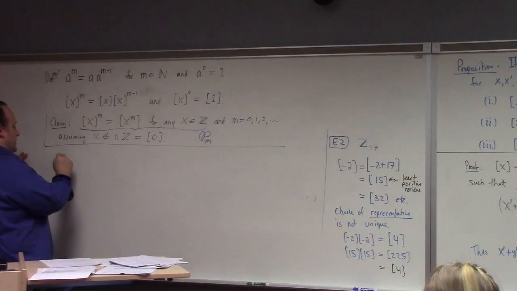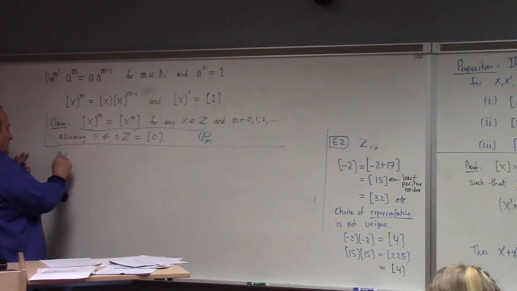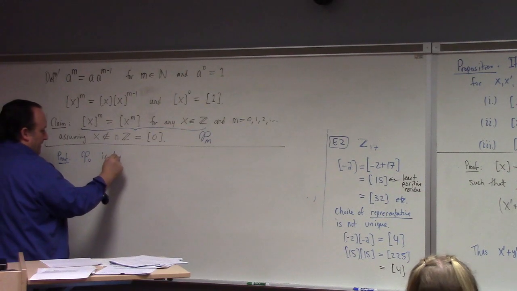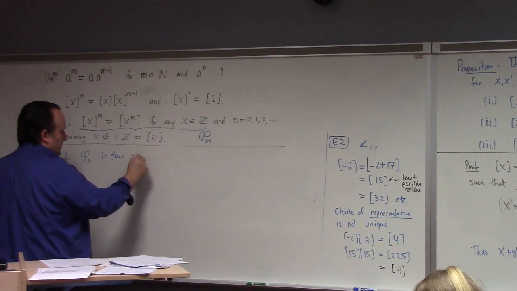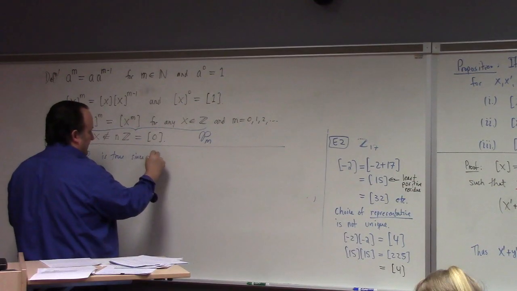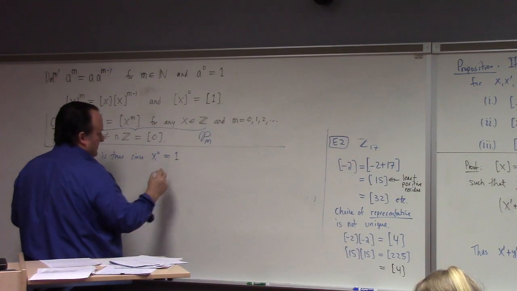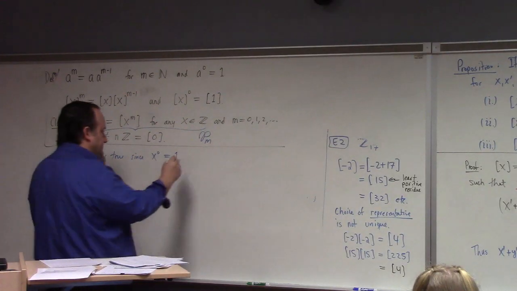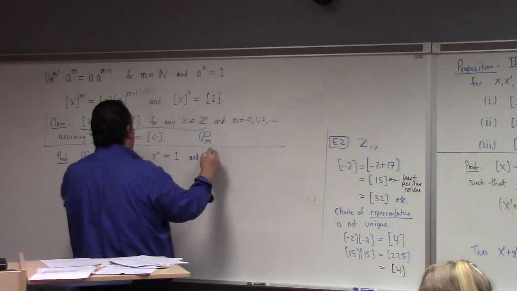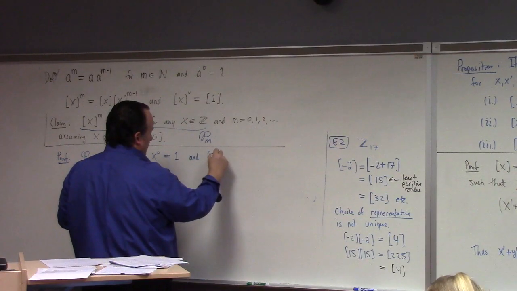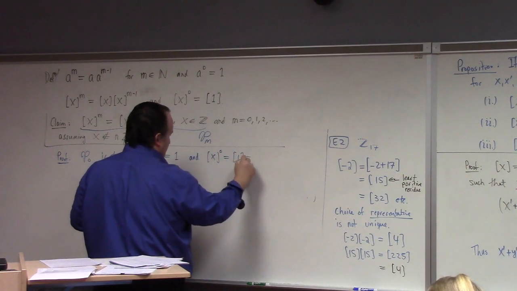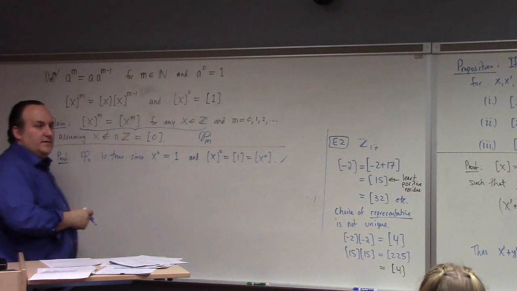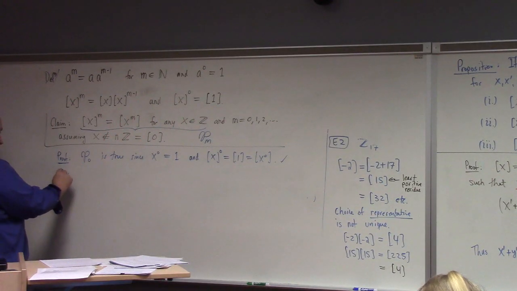Notice that P(0) is true, since x to the 0 is by definition 1 for the integers, and also by my definition this is equal to 1. So that's equal to, hooray! Suppose it's true inductively then.